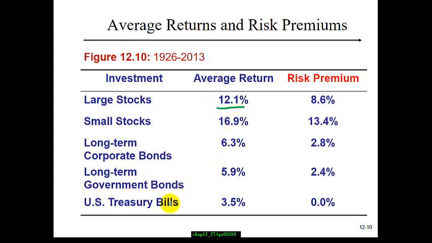Using T-bill as a risk-free asset, which is 3.5, we get a risk premium for the large company stock of 8.6. We can do this for the other securities as well. Remember, this risk premium can be used for any risky investment: stock, bond, mutual fund, or real investment.